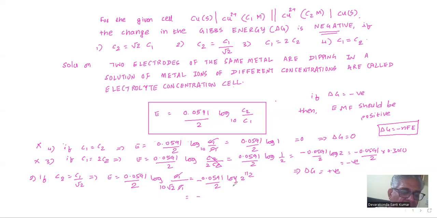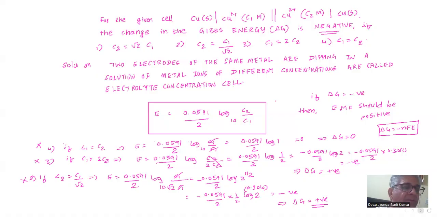That is equal to minus 0.0591 by 2 into half into log 2, and log 2 is again 0.3010. Because you have a negative value, this answer turns out to be negative. Now that implies delta G is positive. Again, in this case, delta G is positive. The second option is also wrong. Now let us go to the first option.